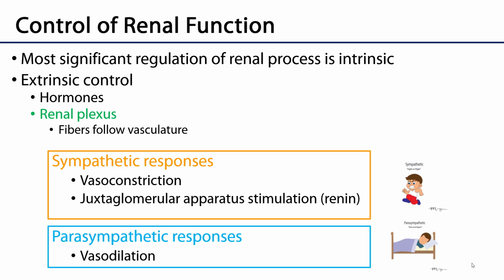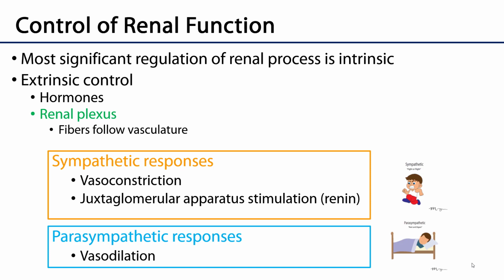Now, in understanding how renal function is controlled, we should first tip our hats to the fact that most of the regulation of renal processes is intrinsic, but there is some extrinsic control, even hormones not produced by the kidneys. For instance, antidiuretic hormone or natriuretic hormone are going to have an influence on what happens at the level of the nephron.